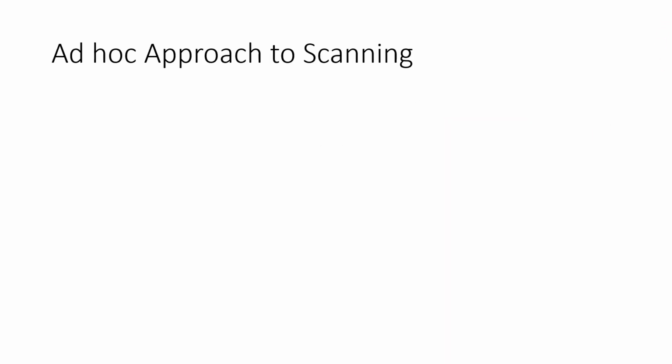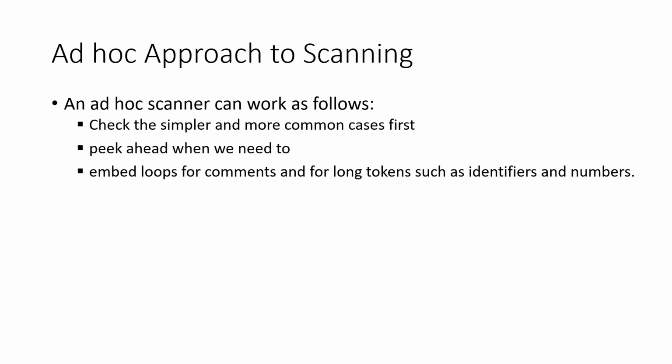So how may we go about recognizing the tokens of our calculator language? The simplest approach is entirely ad hoc. We can structure the code however we like, but it seems reasonable to check the simple and more common cases first, and then to peek ahead when we need to, and to embed loops for comments and for long tokens such as identifiers and numbers.